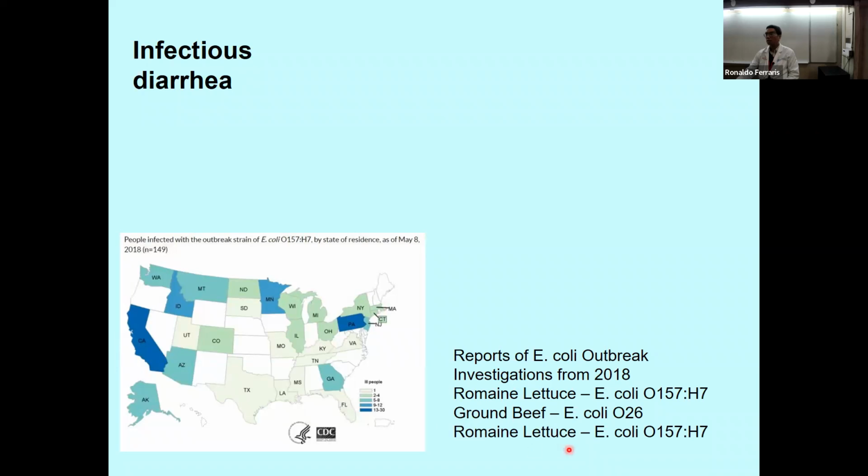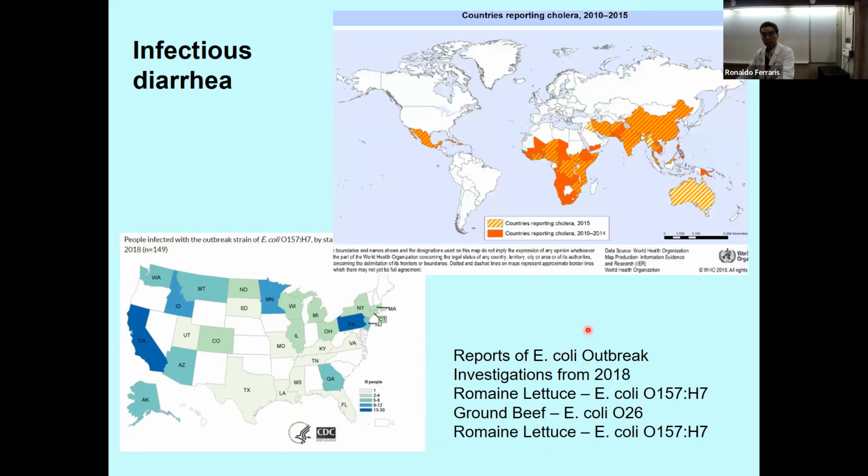And romaine lettuce, again, a similar strain was detected in romaine lettuce samples that the FDA investigates. So this is actually a fairly frequent occurrence over the years. And this is E. coli in the United States.